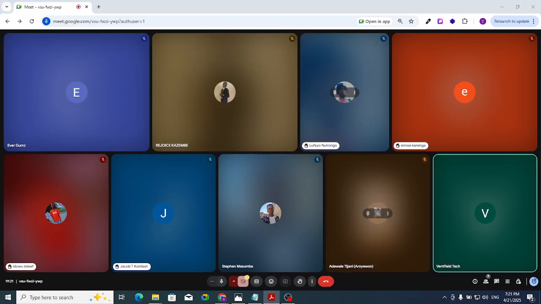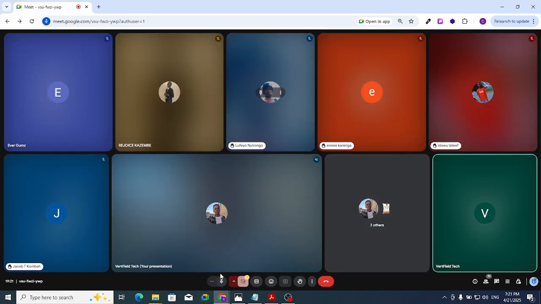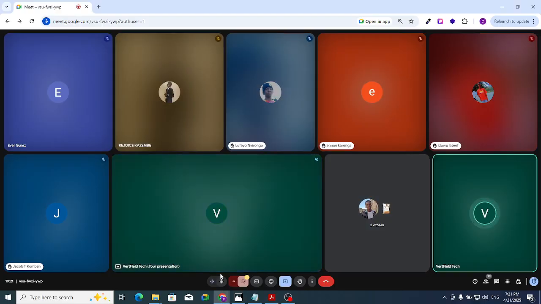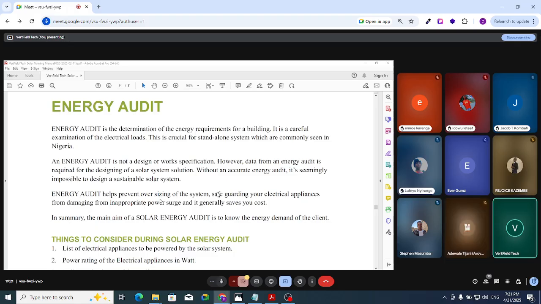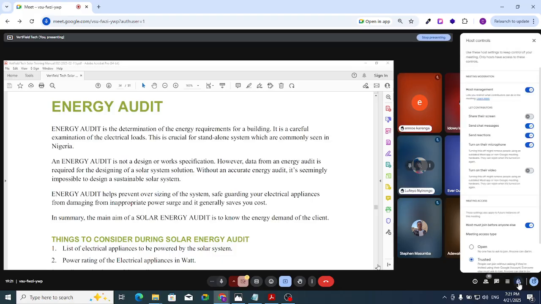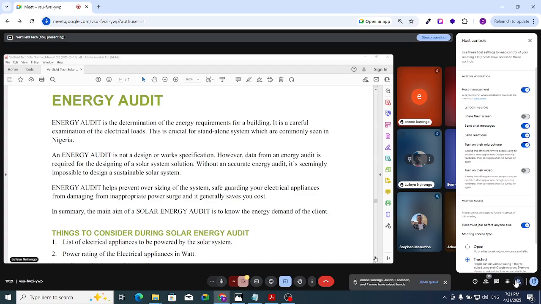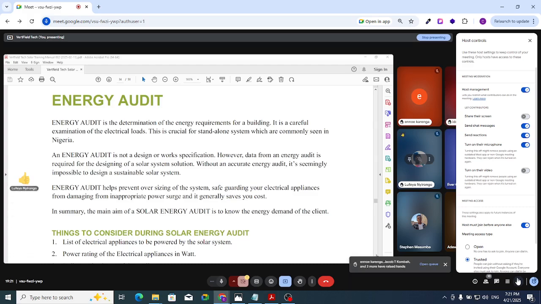So I believe you all can see my screen. Please, if you can see it, kindly indicate with a thumbs up that you can see the screen I am presenting right now. All right, yeah, thank you. I can see the thumbs up. You guys can see the screen.